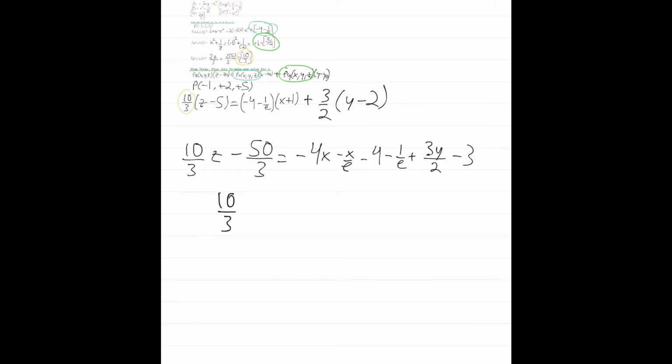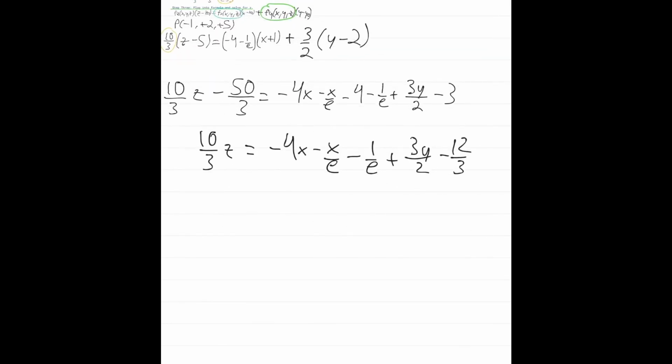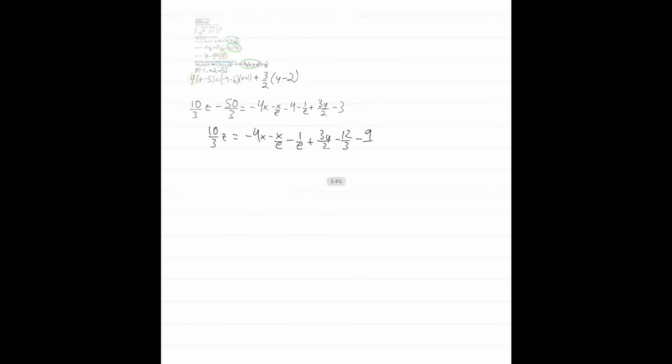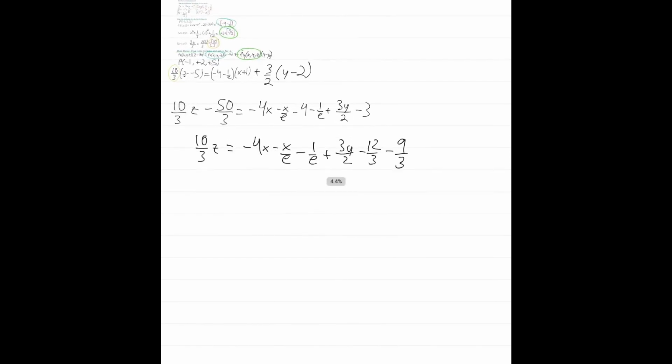And then from here, I'm just gathering all the terms together. Then I change the -4 and -3 to have the denominator of 3, so that when I add 50/3 to both sides, we can do it all in one big sum.